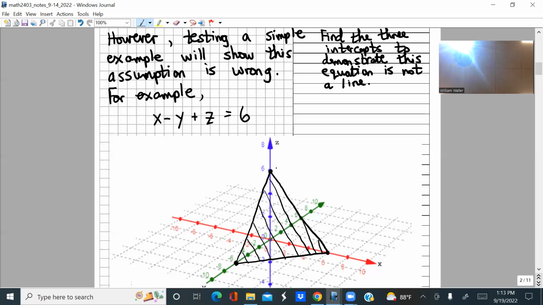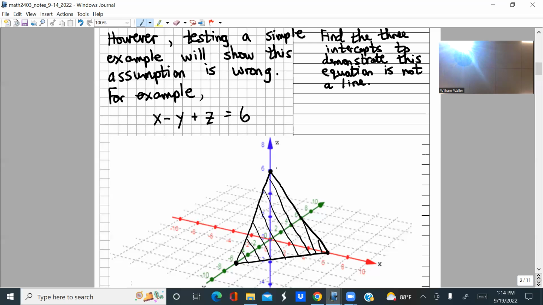Now, if you look for the x-intercept, that's where y and z are both 0. Then x is 6, on the x-axis.